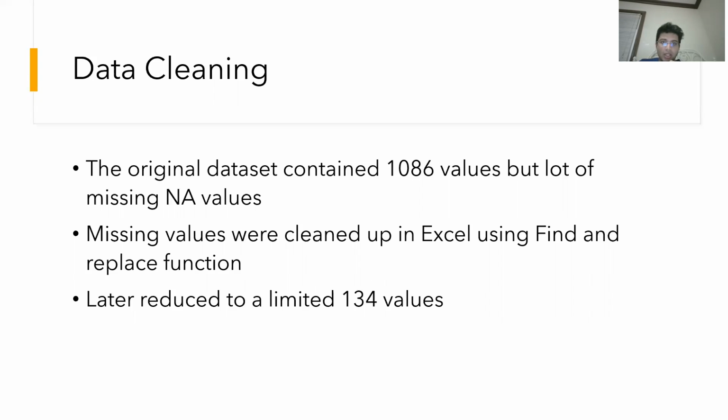I cleaned them up in Excel itself using find and replace, and it was reduced to a limited 134 values. Though it's pretty few, it is enough to analyze the data, because this pandemic is very new to us and not much data is available. I tried searching online, but I couldn't find satisfactory data compared to this.